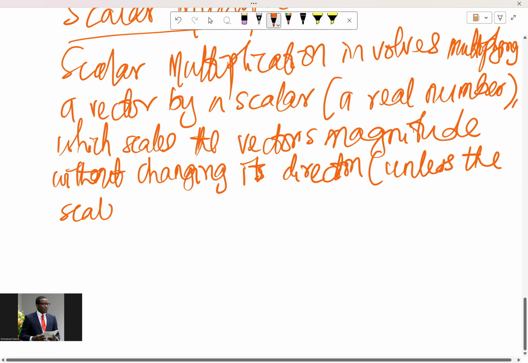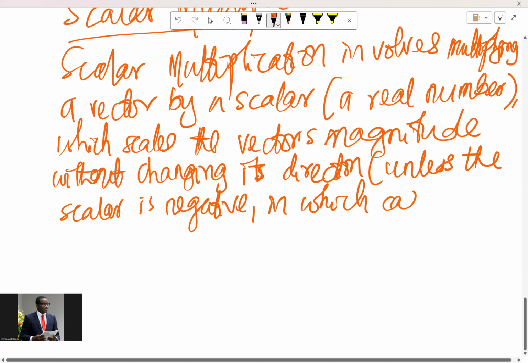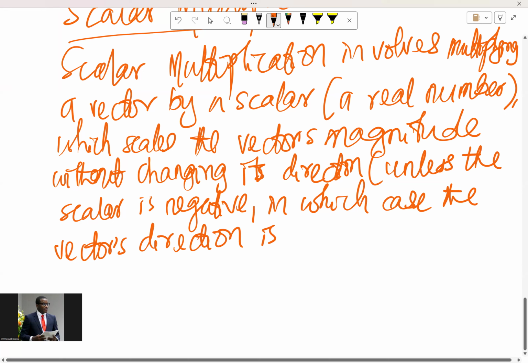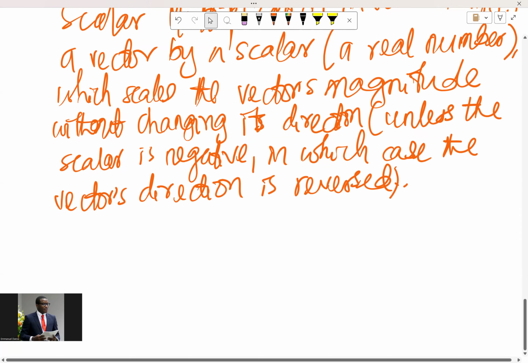Of course, a negative scalar will change the direction of the vector, in which case the vector's direction is reversed. Okay, so we have that. So let's take examples. It's really straightforward.